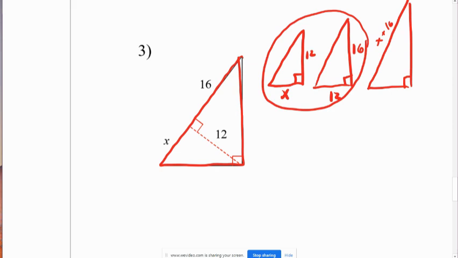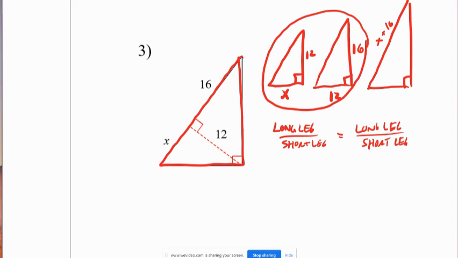If I set up a proportion here, I could do long leg over short leg equals long leg over short leg. Again, it doesn't matter what goes on top and what goes on the bottom as long as you're consistent. If I wanted to do short leg on top and long leg on the bottom, I'd have to do that for both of them.